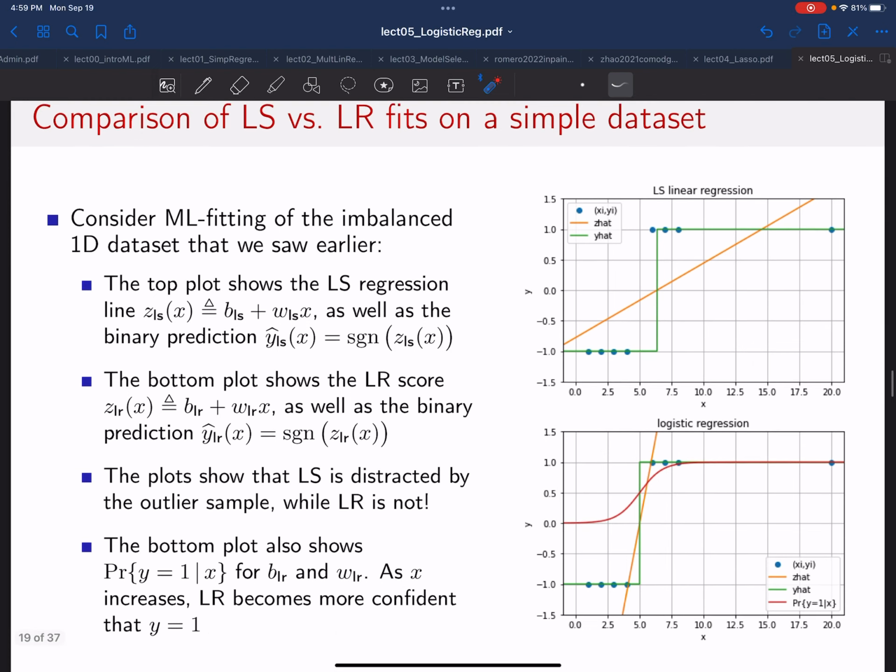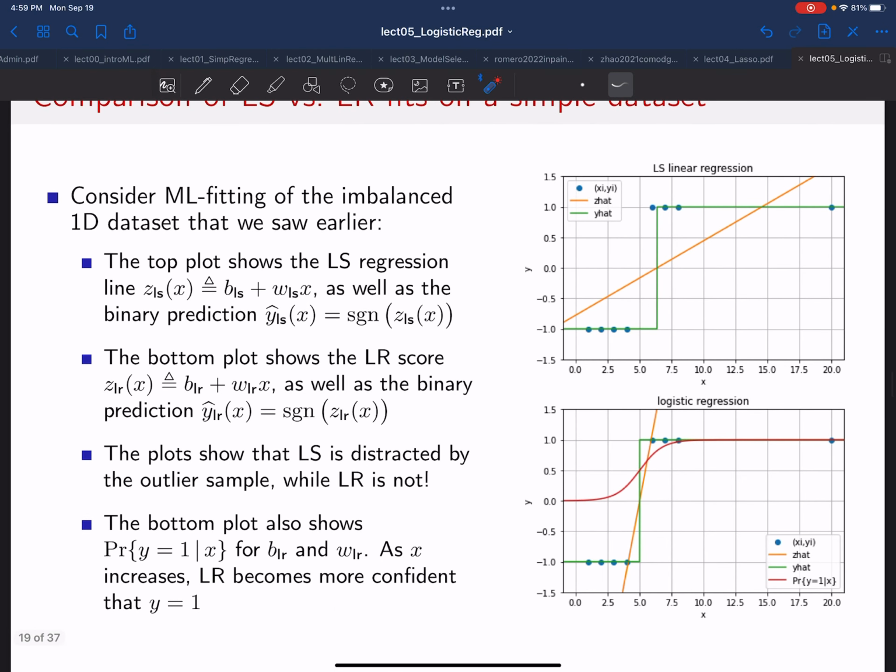So let's look at what happens with logistic regression now. Remember that we have this probabilistic model. The probability that y equals 1 given x, that's shown in the red line. So once we fit the parameters b and w, we plugged them in. Now we can plot that probability. And you can see it smoothly changes from 0 to 1, depending on the value of x. And right here, when x is 5, that's exactly when the probability is 0.5.